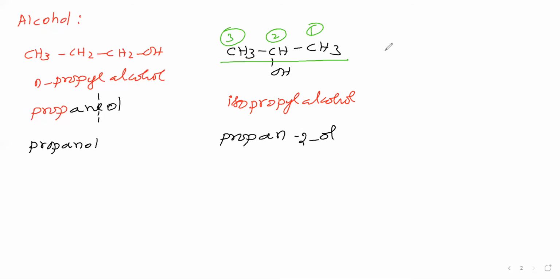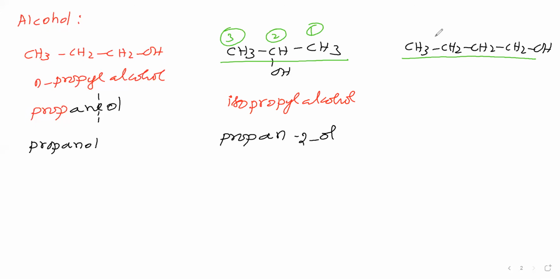Next we will take CH3, CH2, CH2, CH2, OH. This compound we will take. Here we select the parent chain. There is no branch at all, and the alcohol functional group is present at the terminal carbon, the first carbon.